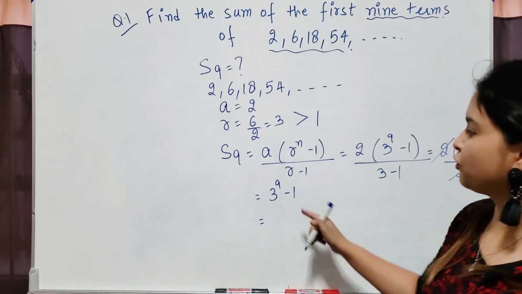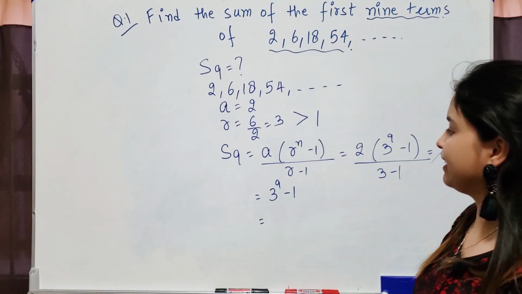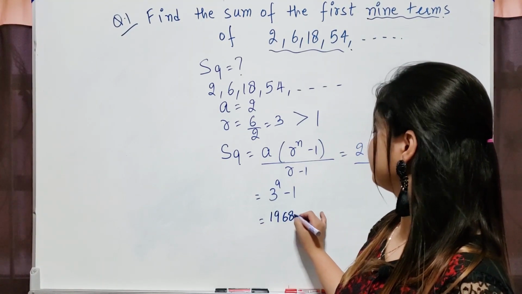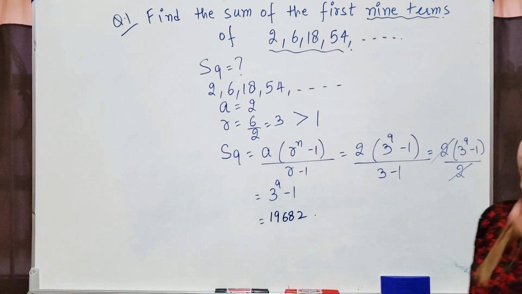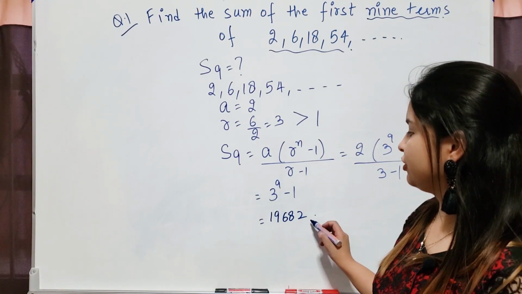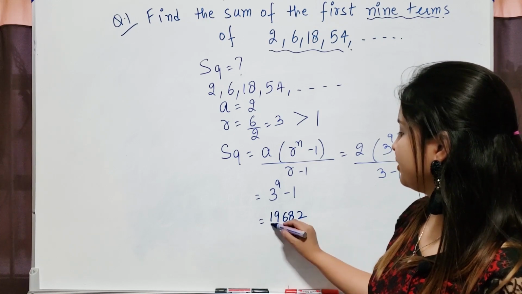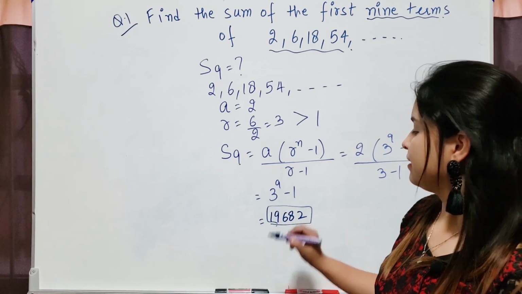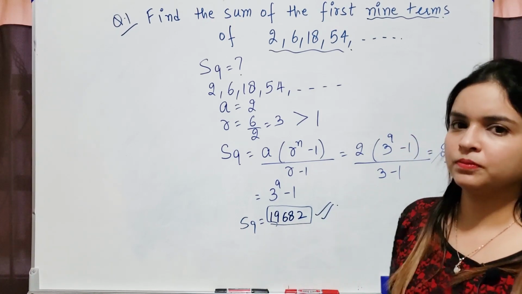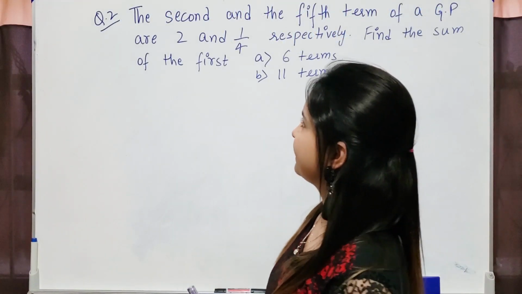Now, the value of 3 raised to power 9 minus 1 is 19682. So, the answer is 19682.